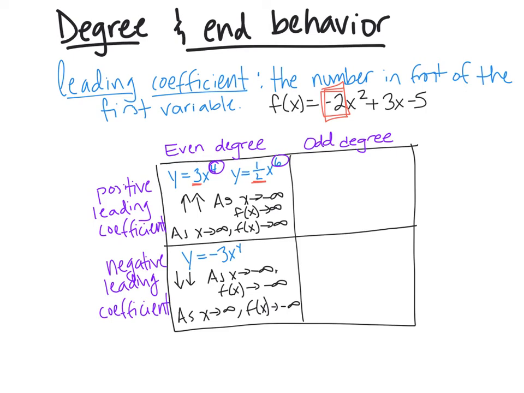Okay, so let's look at some odd degree. So we have y equals 3x to the 5th, or y equals 1/4 x to the 9th. Whenever you have that, the function is going to look like that.